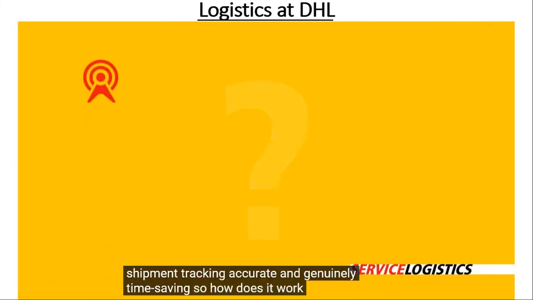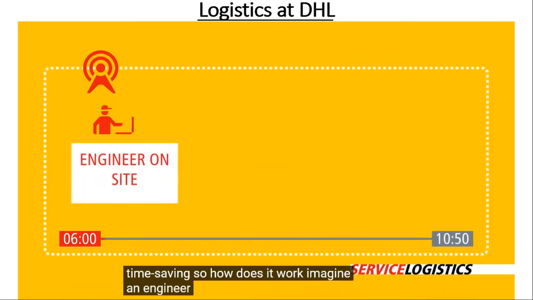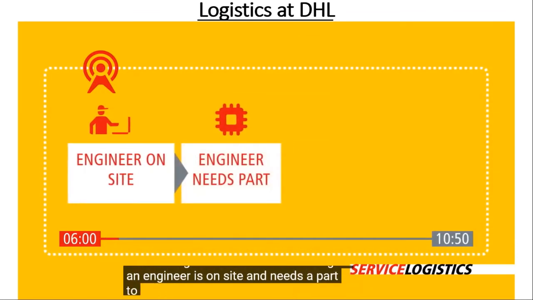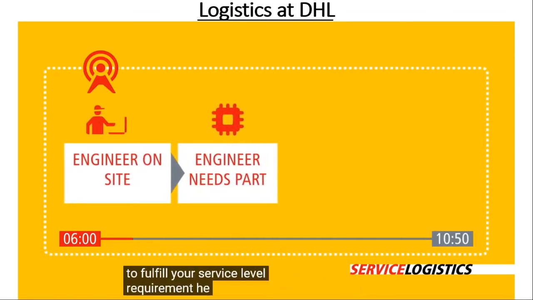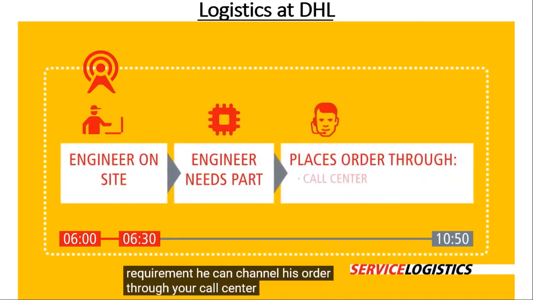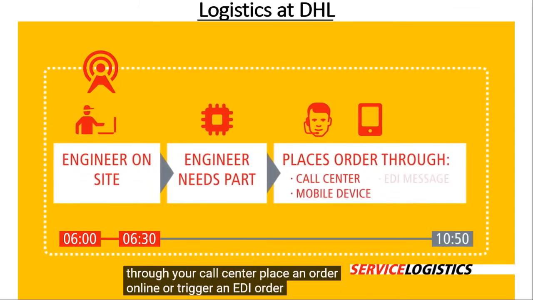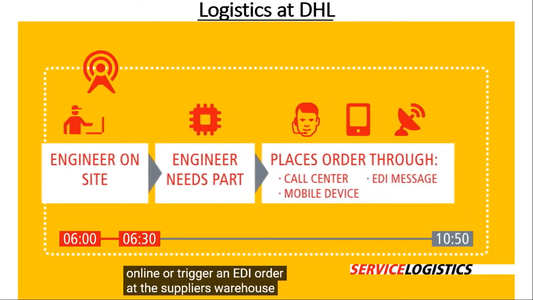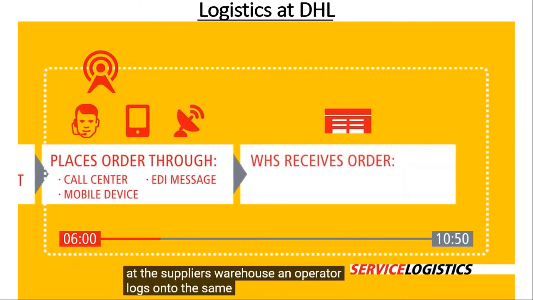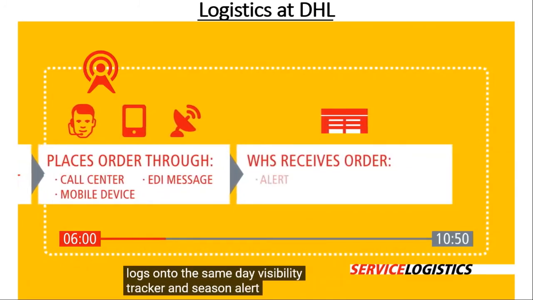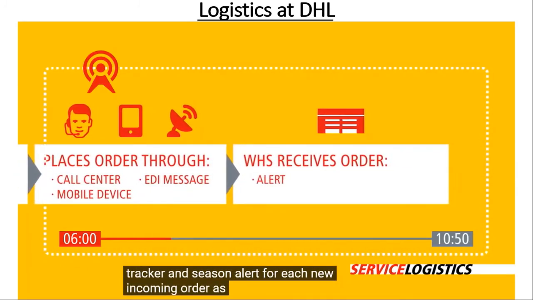So how does it work? Imagine an engineer is on site and needs a part to fulfill your service level requirement. He can channel his order through your call center, place an order online, or trigger an EDI order. At the supplier's warehouse, an operator logs onto the same-day visibility tracker and sees an alert for each new incoming order.